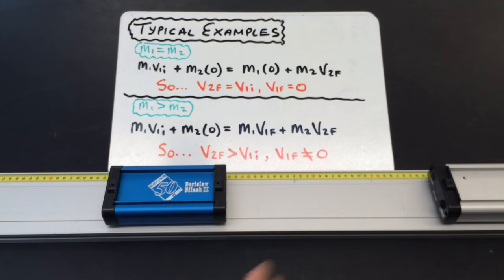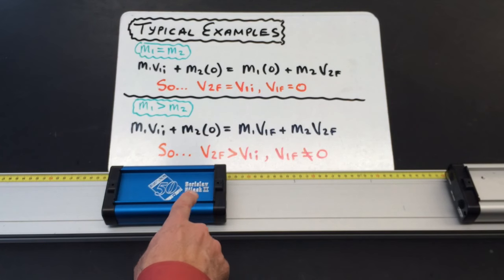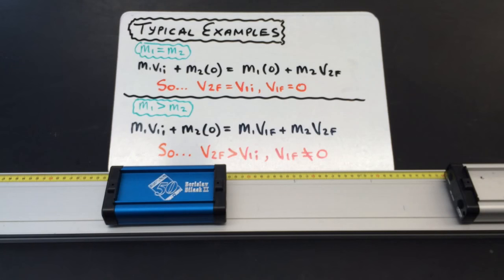And what we see is that object 1 becomes stationary and object 2 starts to move. Because the two masses are the same, the initial velocity of object 1 is going to be equal to the final velocity of object 2, and object 1 stops moving.